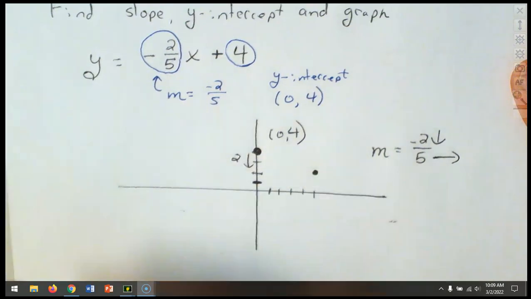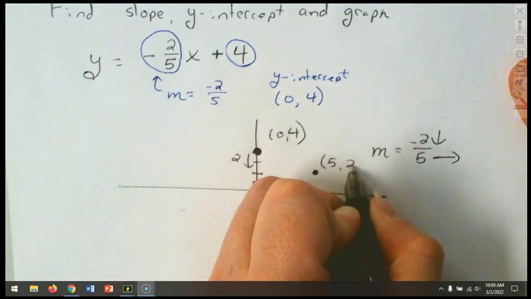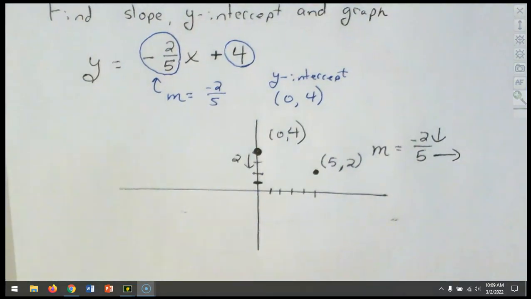And if you want to, you can label the ordered pairs. So down 2 over 5, that's going to be at (5, 2). Now we can connect them together, and we've got our line.